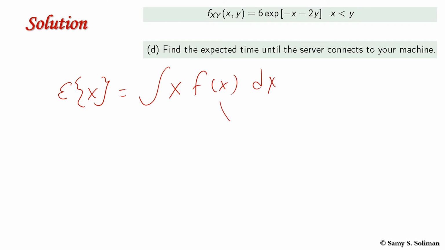We have the PDF of x, and we know that it ranges from 0 to infinity. So calculating this integral is very straightforward and gets us the expected time until the server connects to the machine.